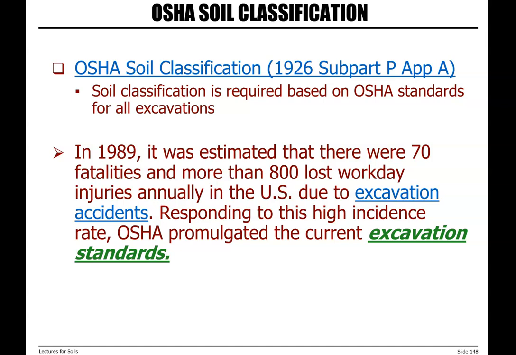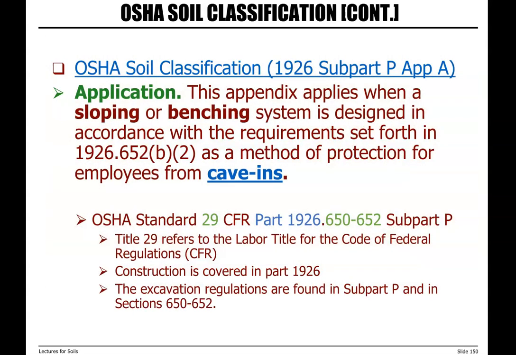OSHA Soil Classification, 1926 Subpart P, Appendix A, is what we are looking at. This appendix applies when a sloping or benching system is designed as a method of protection for employees from cave-ins.